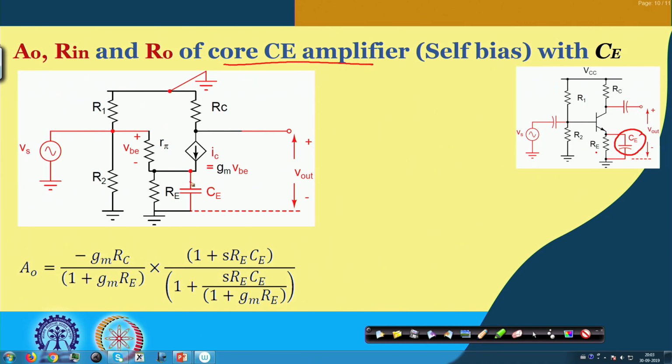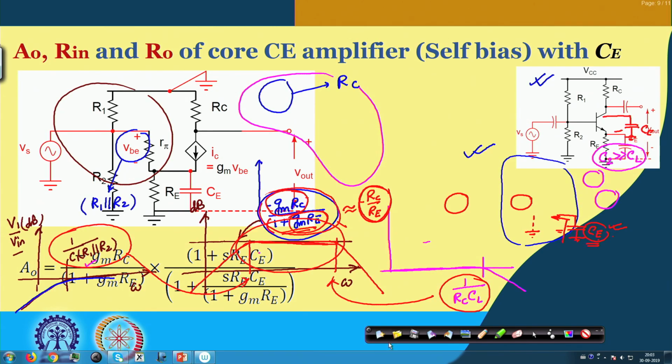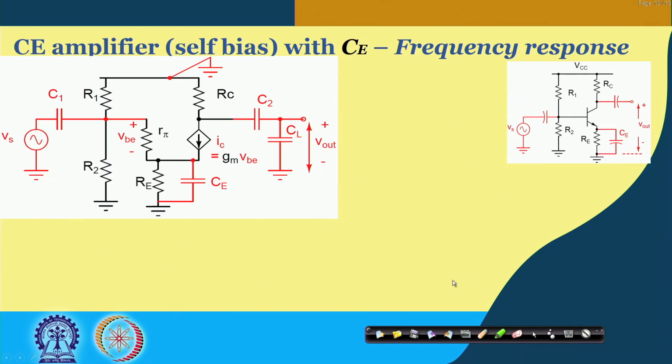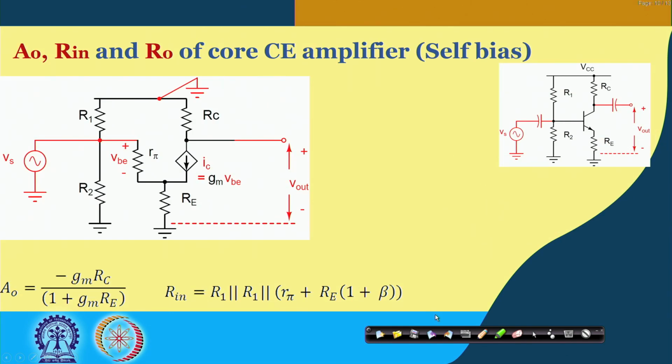In fact, if you go back and see the previous circuit, this part does not have the CE part, but in its gain expression we can see that this Re is directly coming there.